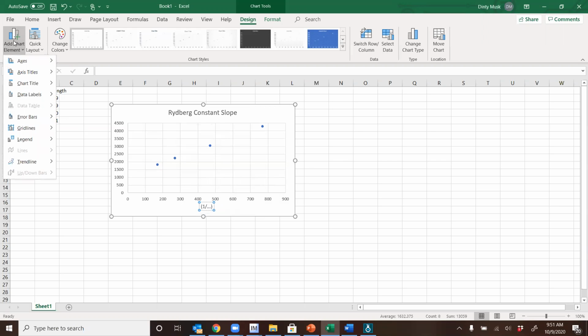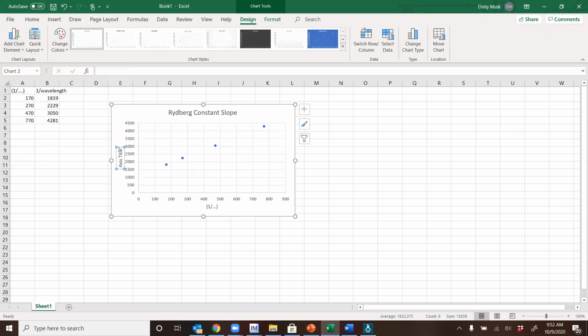And then for my vertical axis title, inverse wavelength in units of inverse meters is what we're after.